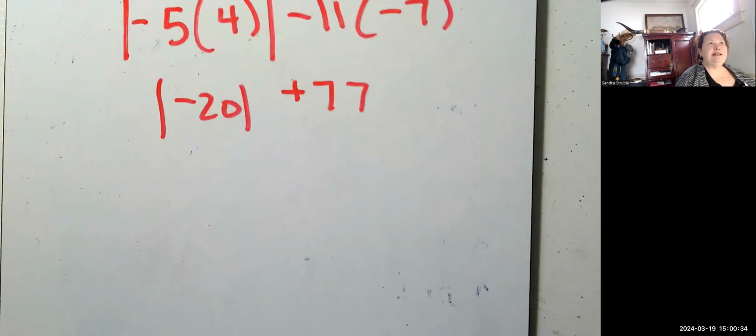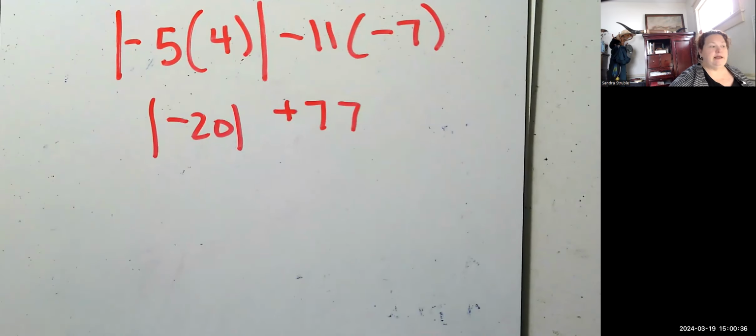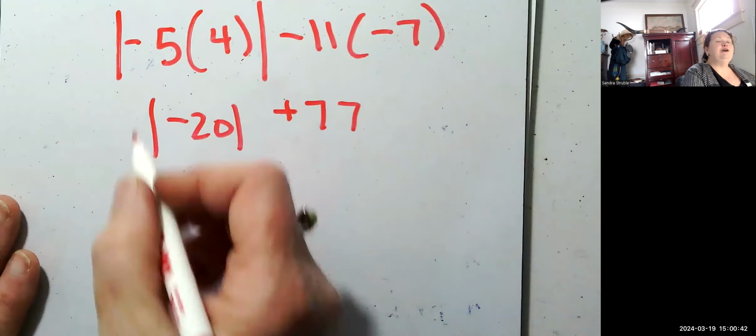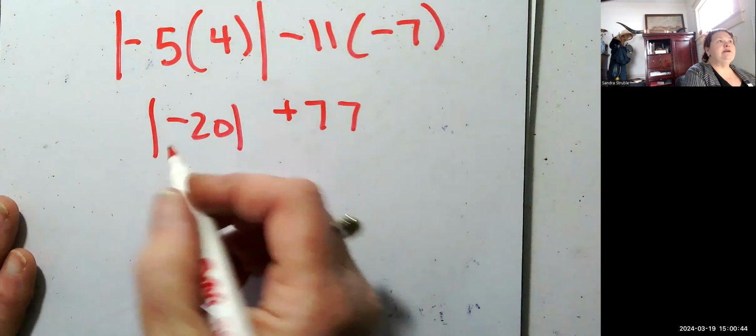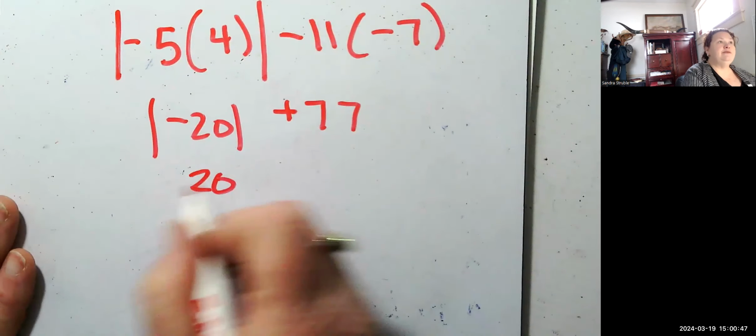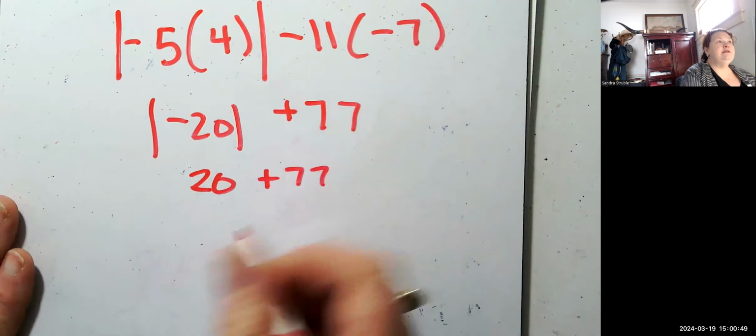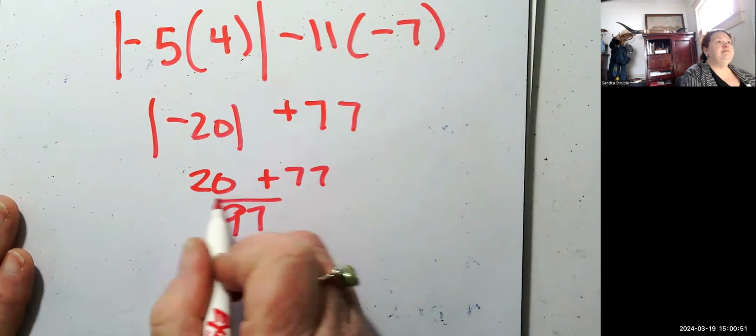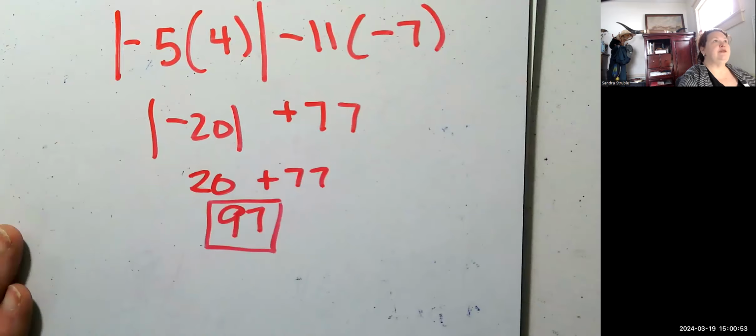So if you measure any kind of distance, if I were to measure my depth here, it would say 6 foot. You can't have distance with a negative. So the absolute value of any number, whether it's positive or negative, has to be a positive. So 20 plus 77 is 97. And that's the answer for that one.